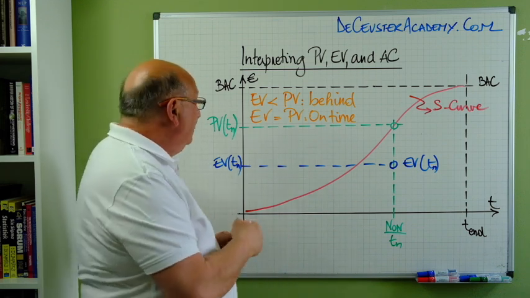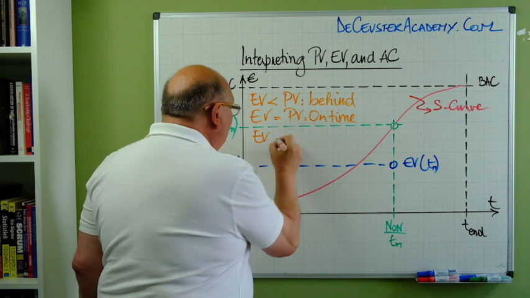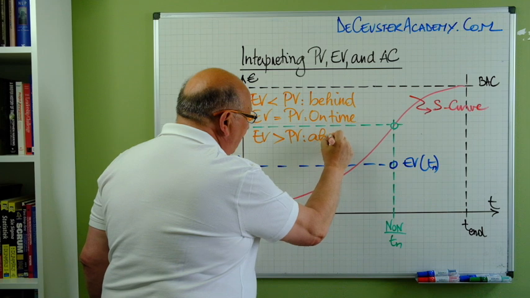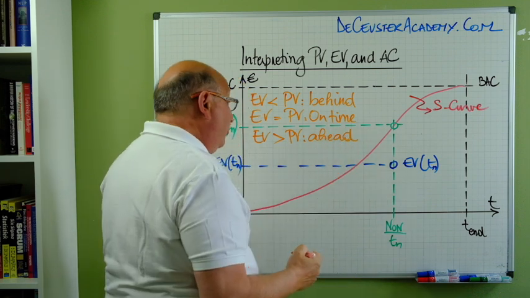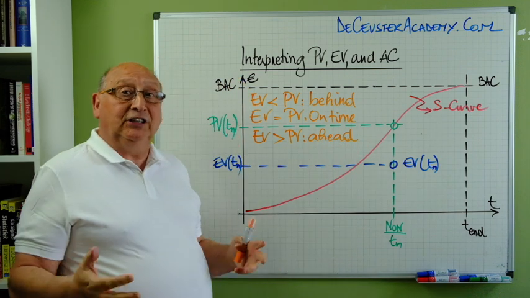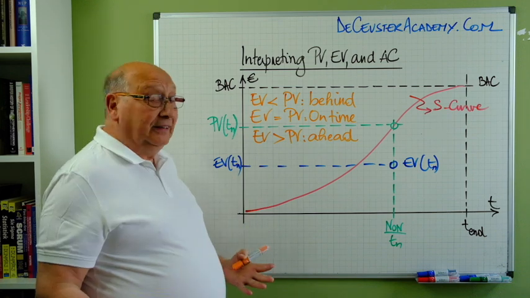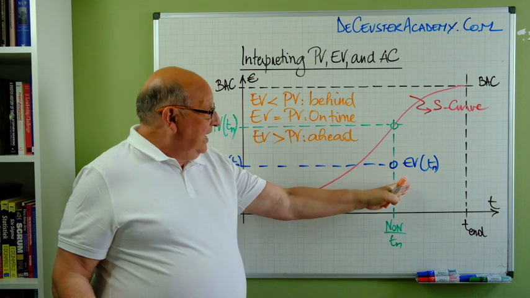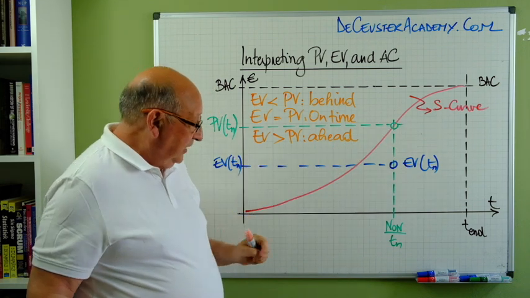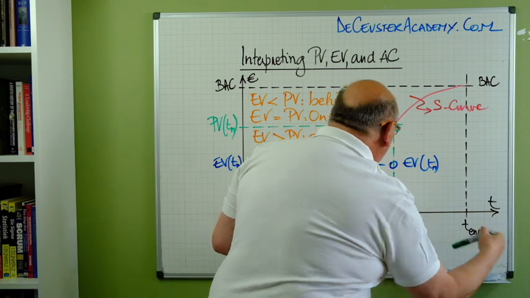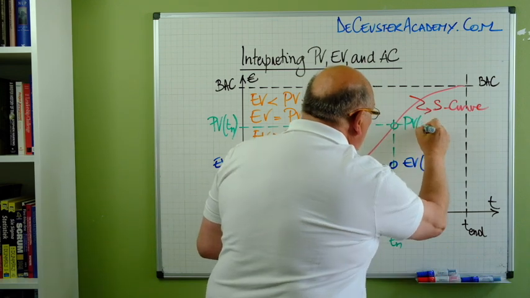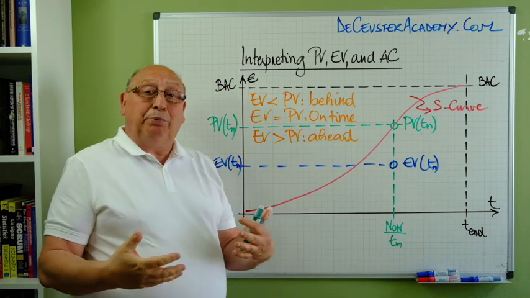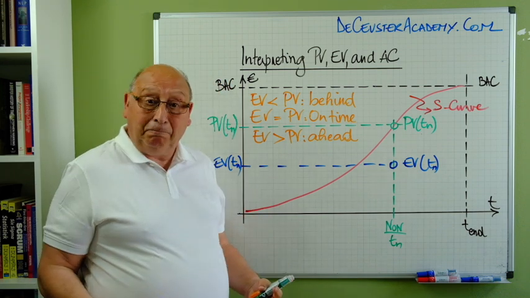And the last element we can have, EV larger than PV, means we are ahead of schedule. And that's also a good thing. So we have to consider those three possibilities. In our case, EV of Tn is below PV, and I can add PV of T here. And this means that our project is behind schedule.